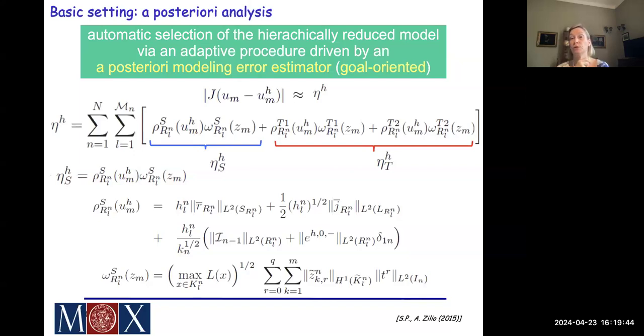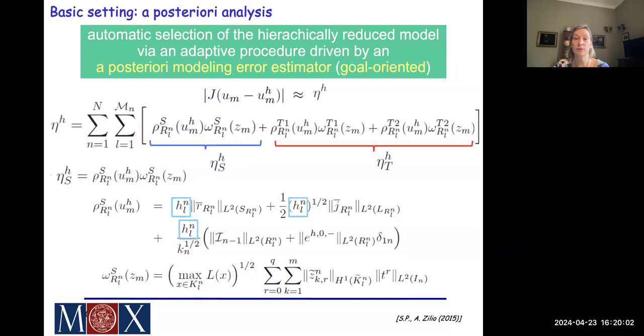So it is rather standard in such a context to define the a posteriori error estimator for the discretization error, which is a space-time discretization error, in terms of two contributions, eta SH, which is the error estimator for the space, and eta TH, which is the error estimator to control the time.